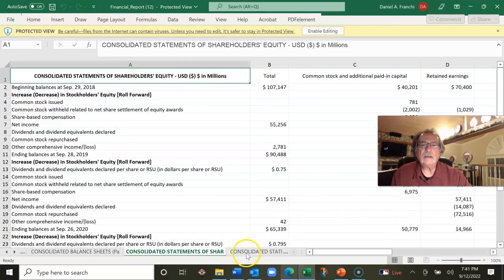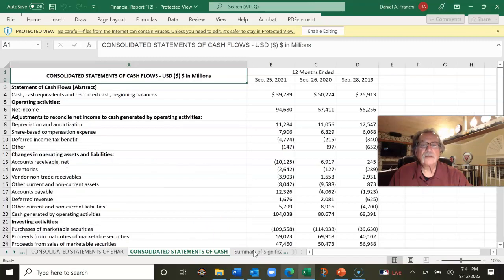And then we have consolidated statement of shareholders' equity, which is not the cash flow statement. This is the consolidated statement of cash flows. And so this will tell you information which I'm going to describe in a second back in the presentation. But what I'm trying to show you here is that when you get to your homework assignment, this is where you go.